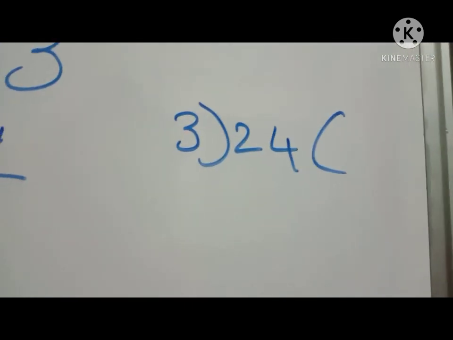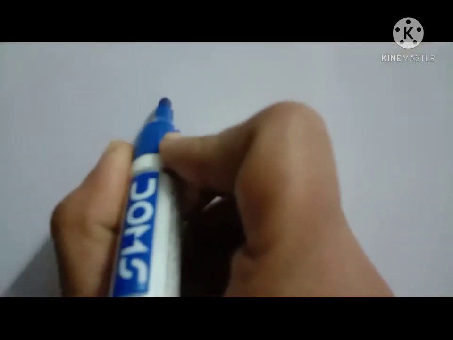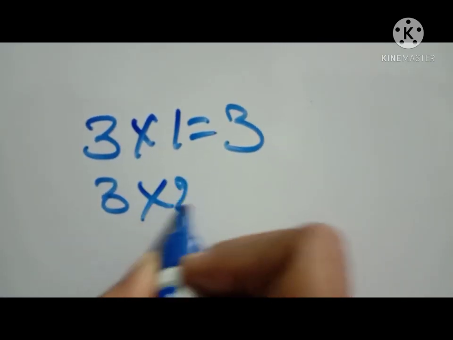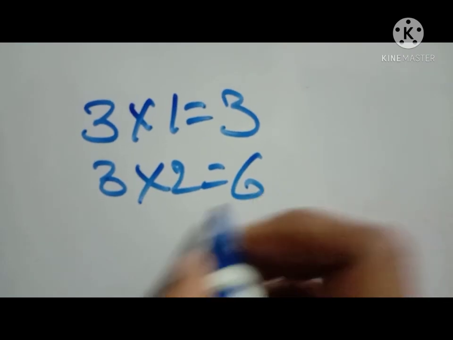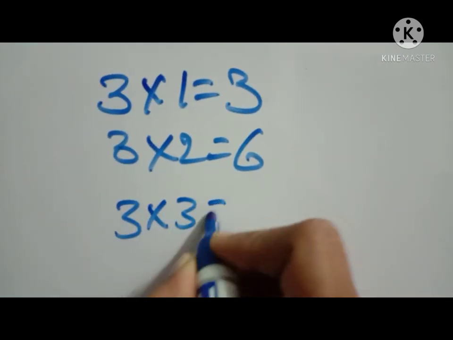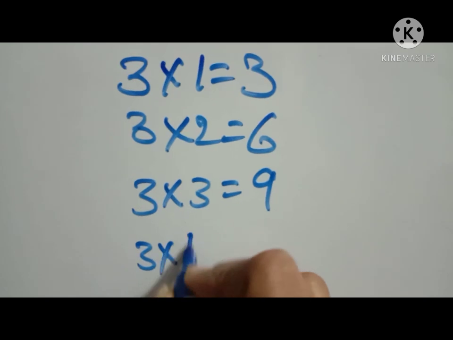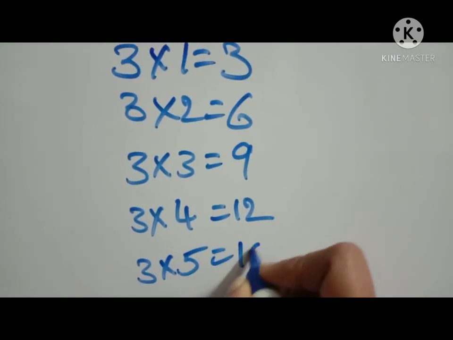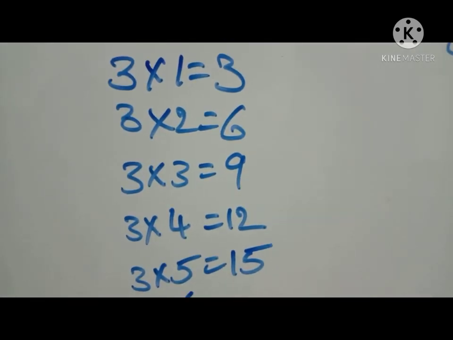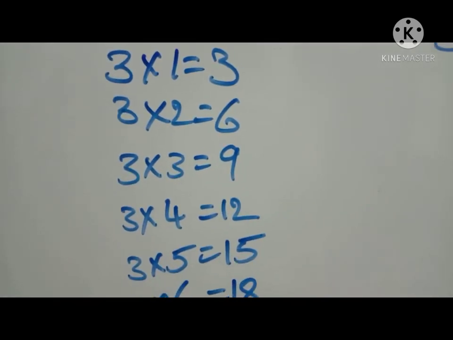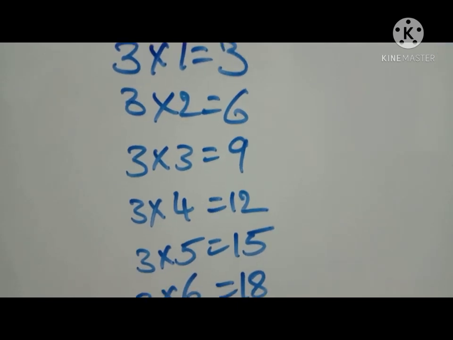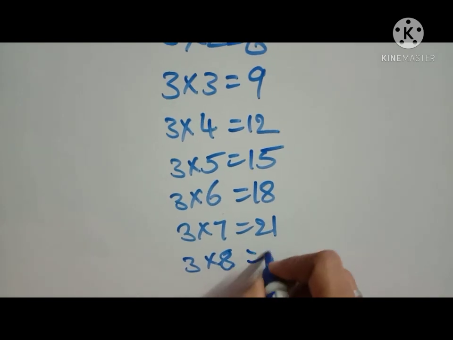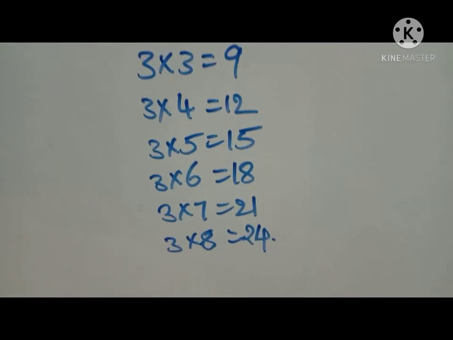See here, I am writing the 3 table. 3 ones are 3. 3 twos are 6. 3 threes are 9. 3 fours are 12. 3 fives are 15. 3 sixes are 18. 3 sevens are 21. 3 eights are 24.